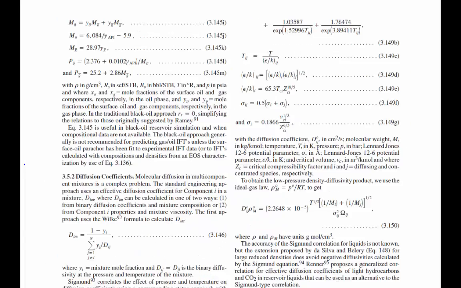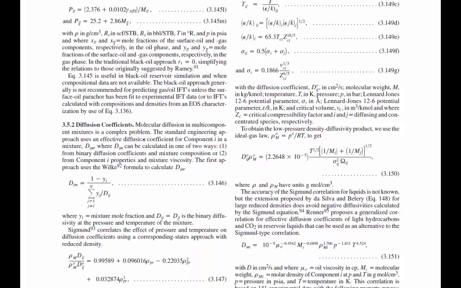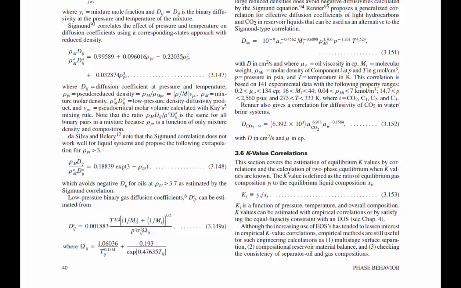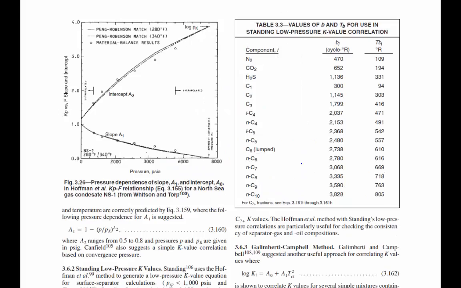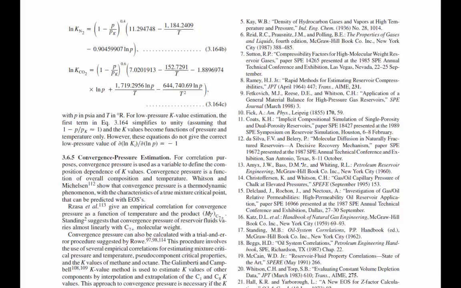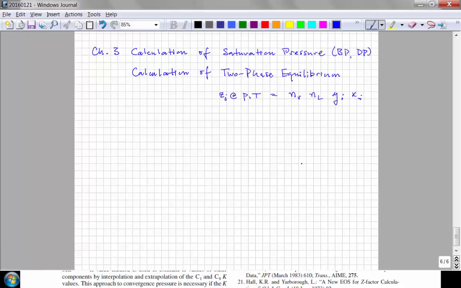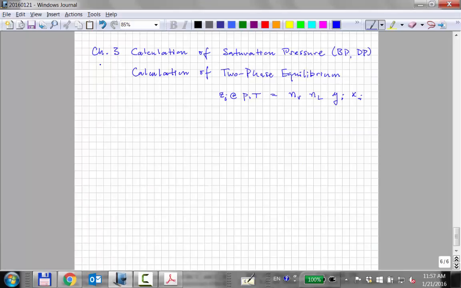So I think the only part of chapter 3 that you need to look at is the k-value correlations. That would be 3.6, specifically 3.6 on k-values.